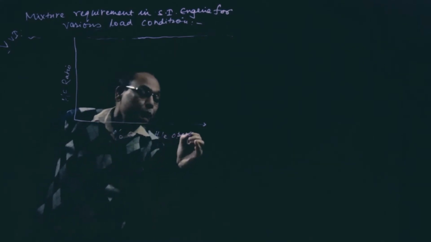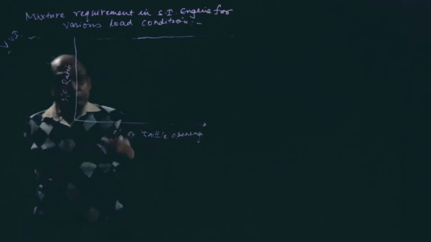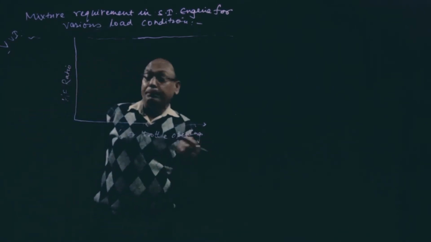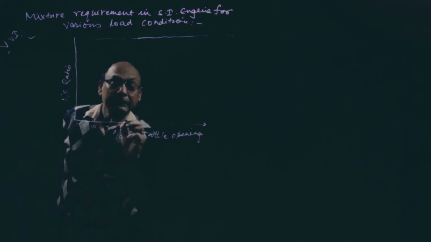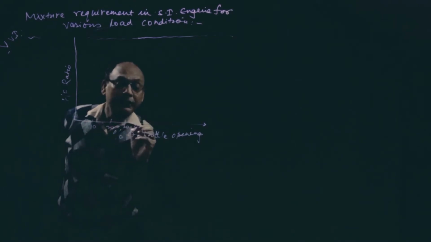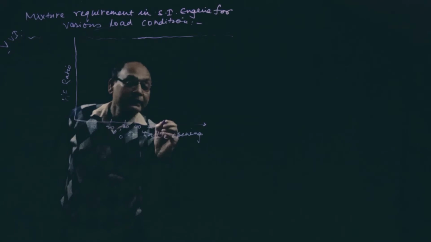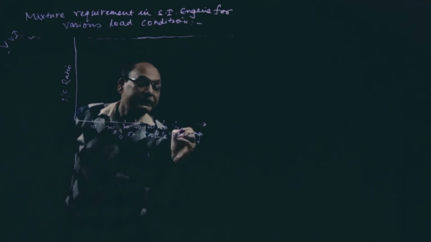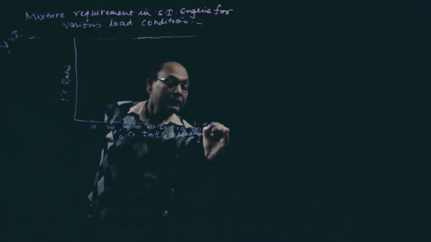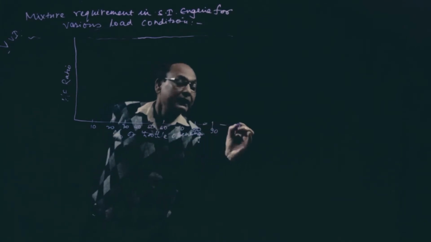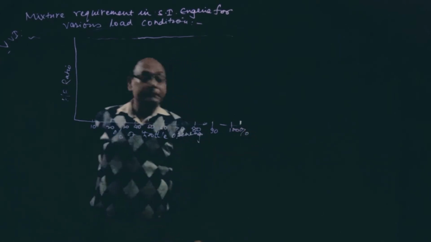How much opening means? When we need more fuel, then the throttle valve should open. So let us take it like this: 10, 20, 30, 40, 50, 60, 70, 80, 90 and 100 percent of the throttle.